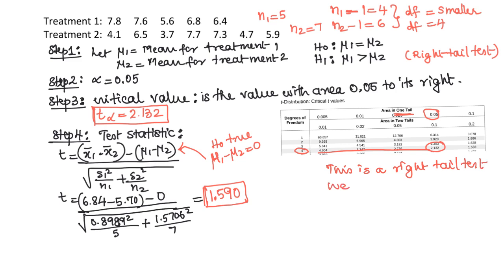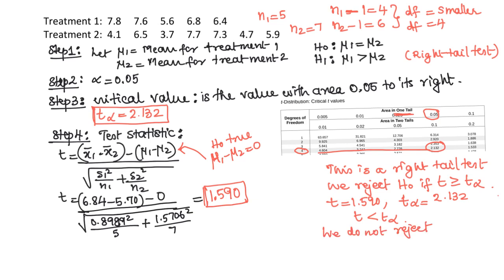And we reject the null hypothesis if t is greater than or equal to t alpha. Here t is equal 1.590 and t alpha equal 2.132. That means t is actually less than t alpha. So we do not reject the null hypothesis at 0.05.